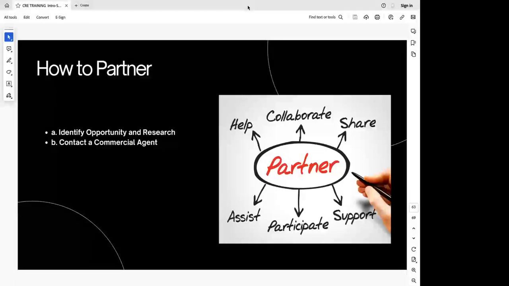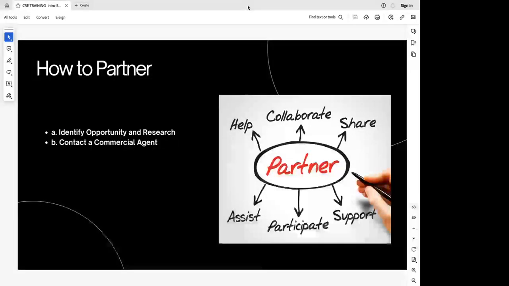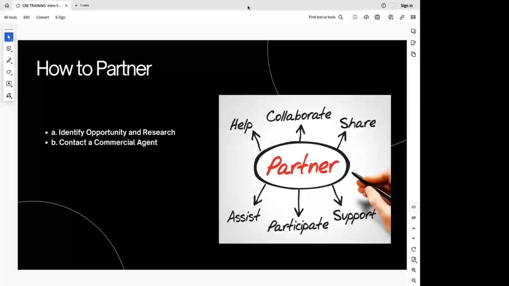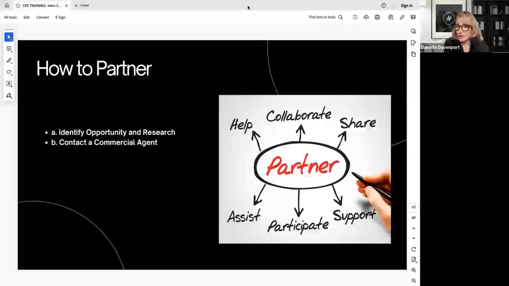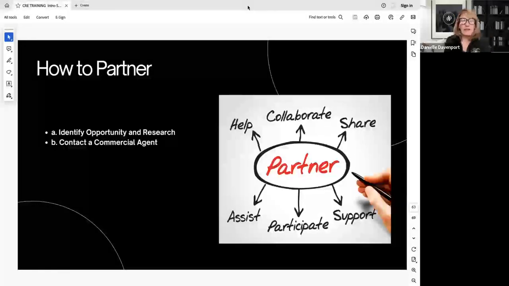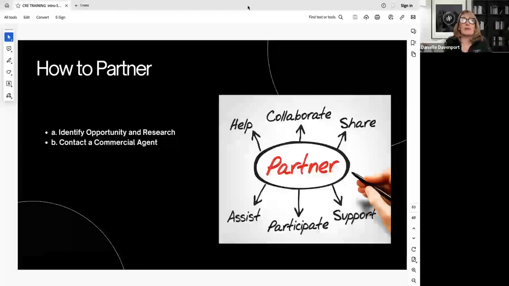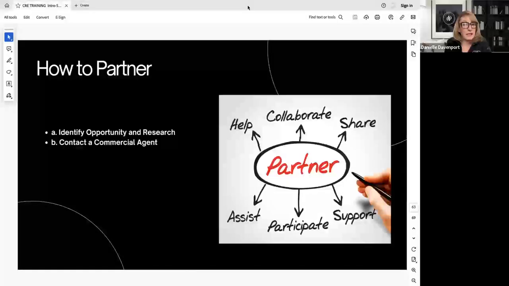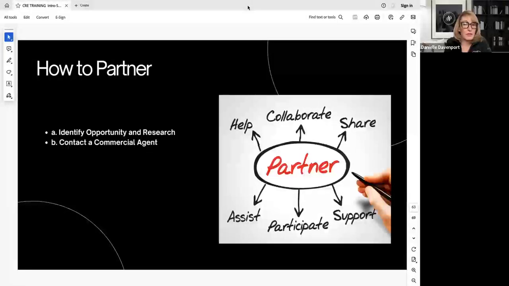So just being aware, being observant when you're somewhere, noticing everything and seeing what's going on in the community. If you become the person that knows what's going on, then you're going to be looked at as a trusted resource. It's just a different way of having yourself stand out a little bit.